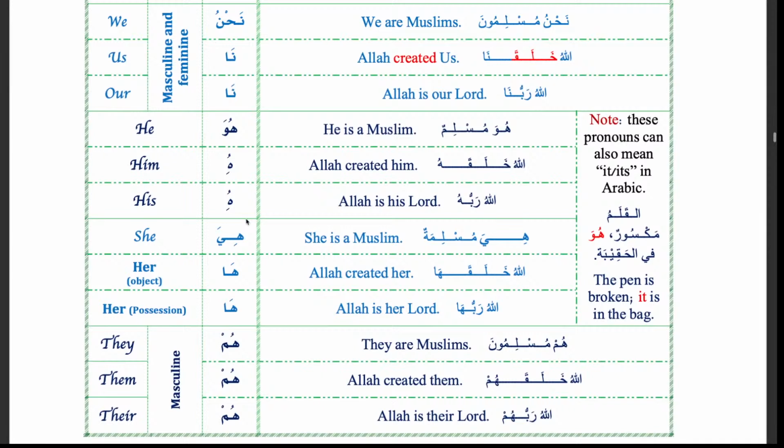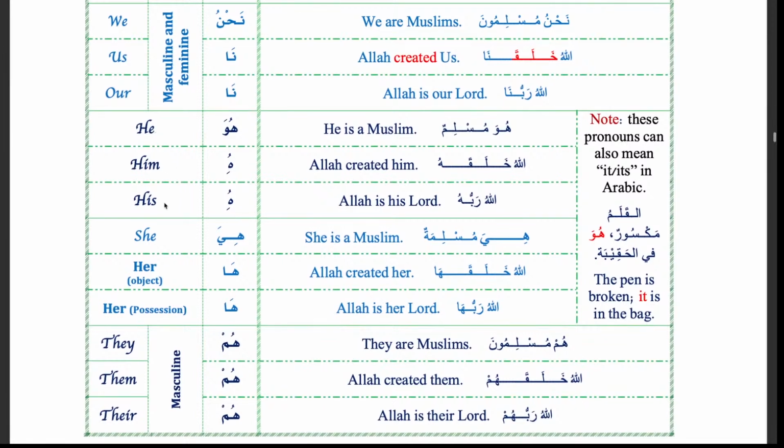Right? So then you have he, him, and his. Now he is a Muslim. Allah created him. Allahu khalaqahu. Now remember he said with who, right? It can be he sometimes for easy pronunciation.